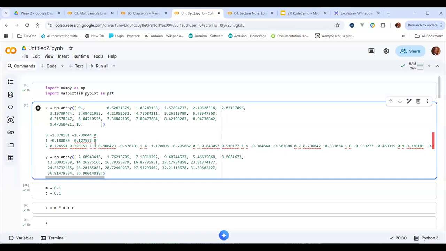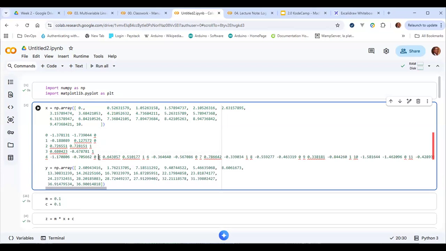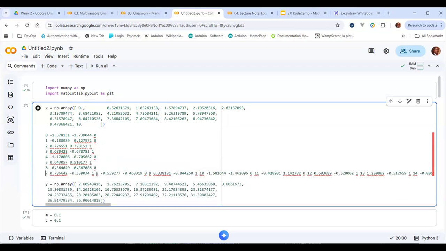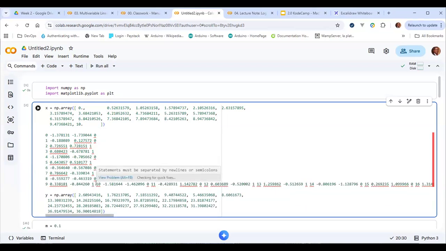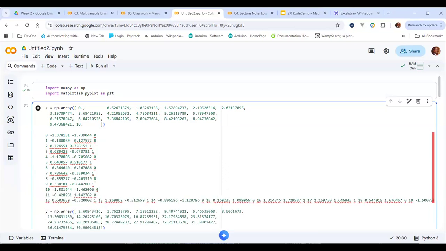Right, you have 0, 1, 2, 3, 4, 5, 6, 7, 8, 9, 10. There are 20 data points as well.